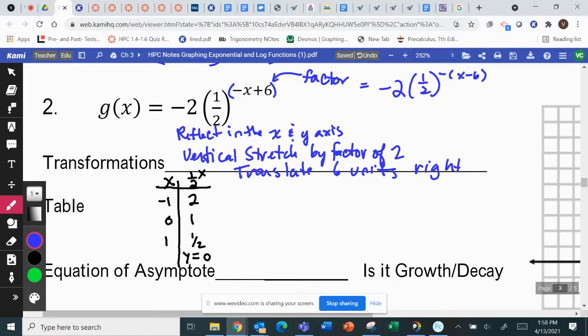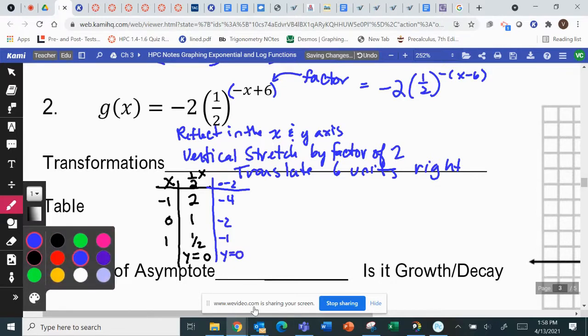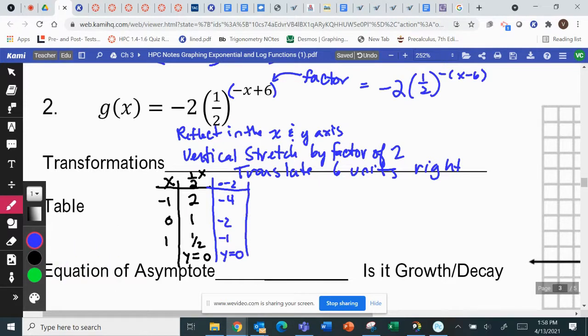Okay. So I'll make my table. And we got to multiply the y's by -2. What happens if I multiply 0 by -2? Still 0? Okay. And then, oh, there's no other column on that one.